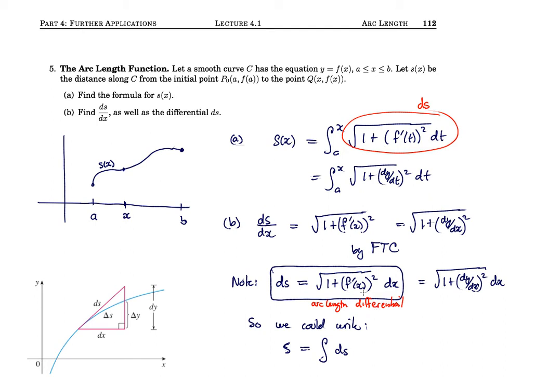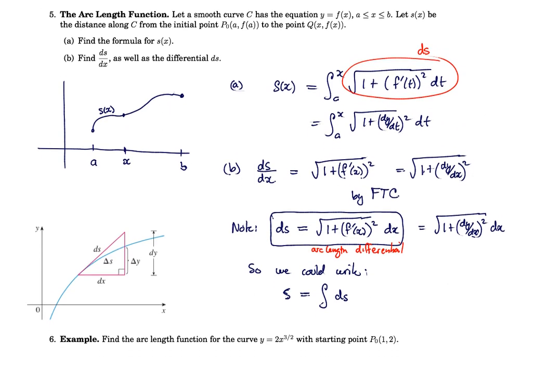And this arc length differential is going to crop up in other examples where we look at surface areas. So it's going to be the common linking theme between surface areas of solids and arc lengths. So it will be important to remember this arc length differential, and all we're noting here is that you can remember the arc length formula in terms of that differential.